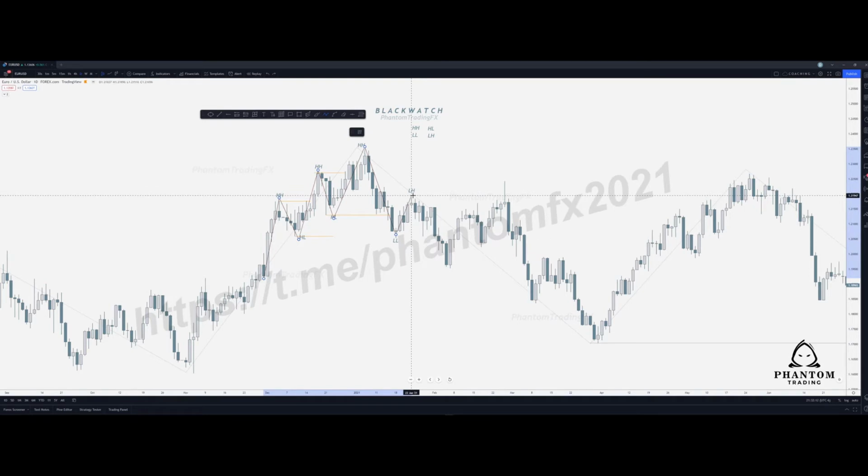We get the pullback, which is expected, right? But once this happens, and let's say we're able to catch something nice up in here, the expectation for price is to do what? Make a lower low, right? That's what we would expect from price. And after we make the lower low, what's the next expectation? For price to pull back, right?